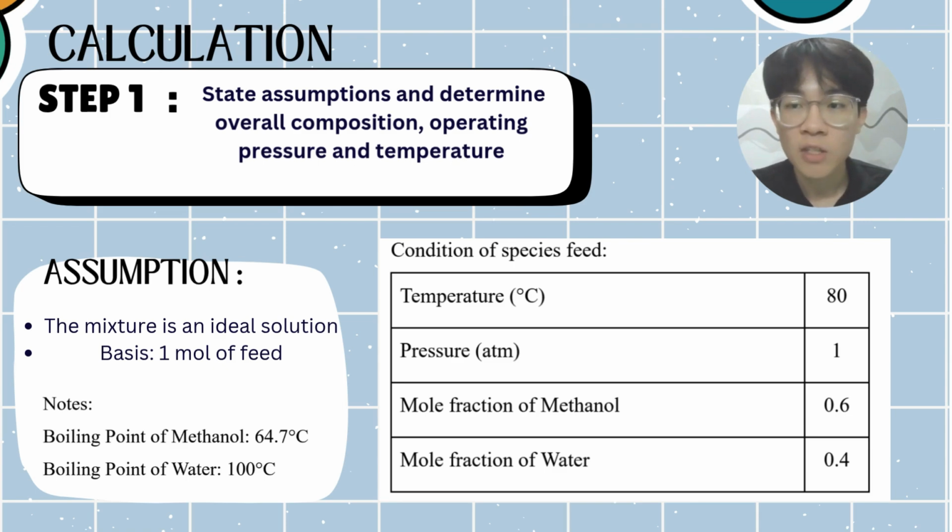To ensure effective separation, the operating temperature must be set between the normal boiling points of these two components. Therefore, we select 80 degrees Celsius as the operating temperature for our flash separator. For pressure, we set 180 kPa, and the mole fractions of methanol and water are 0.6 and 0.4.